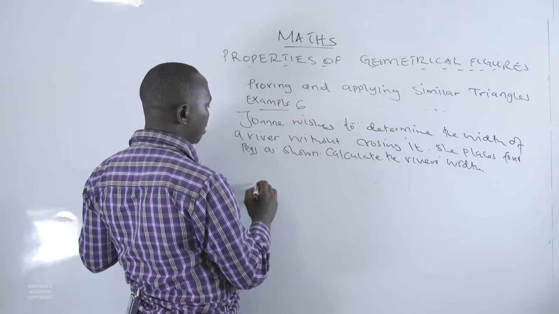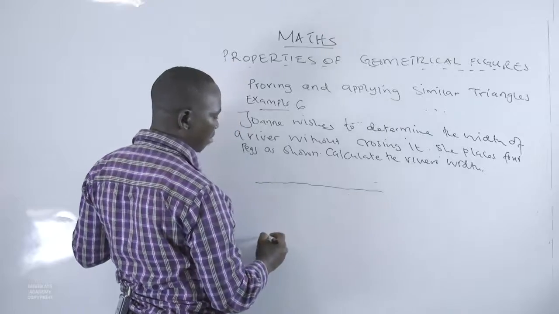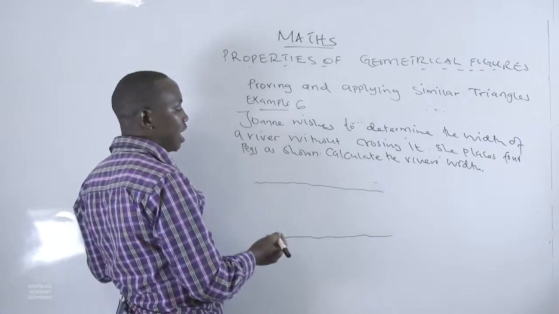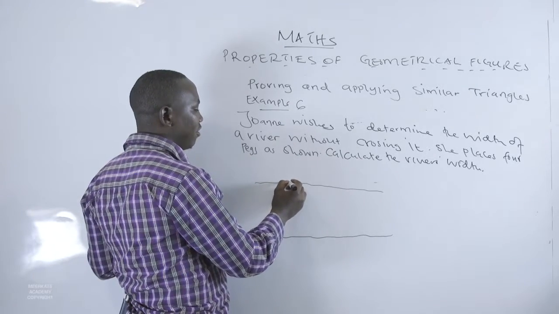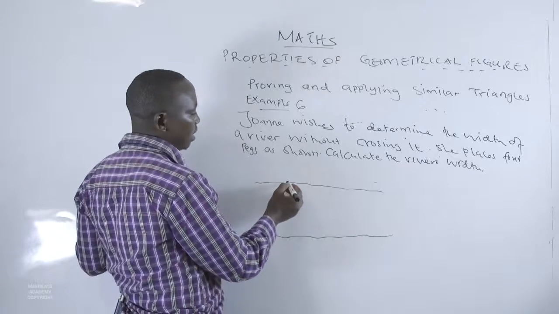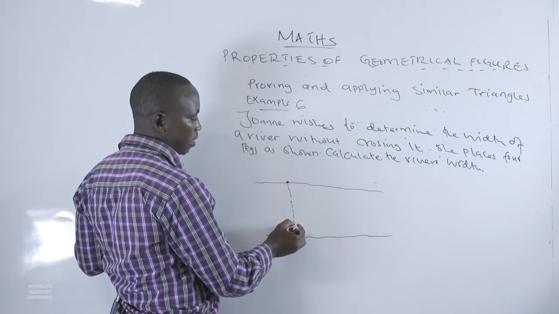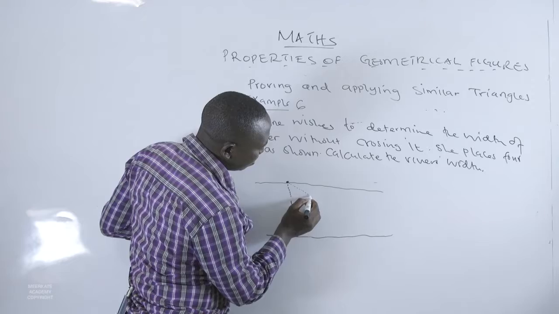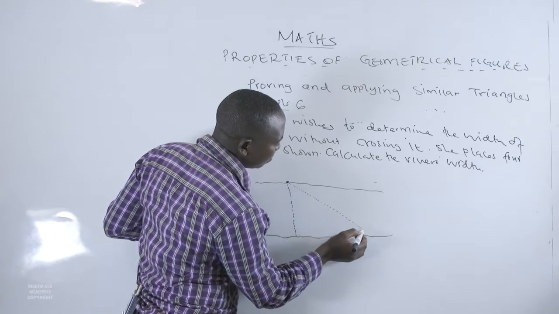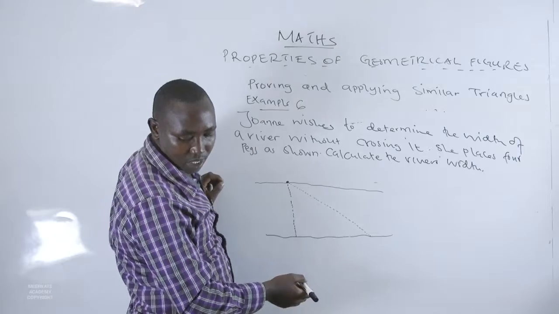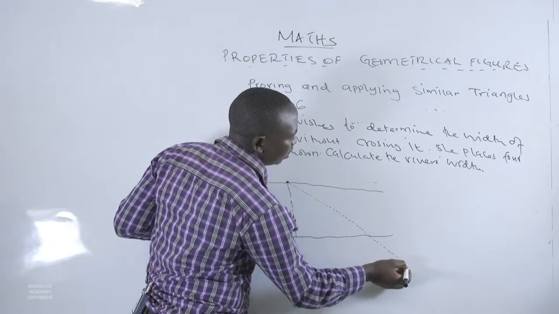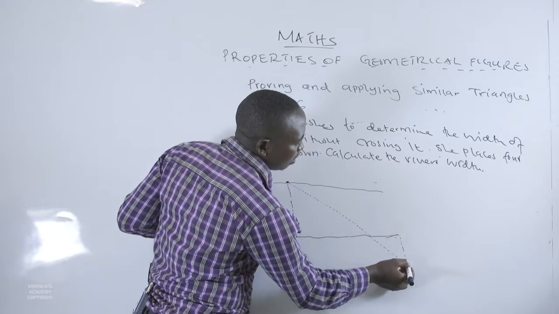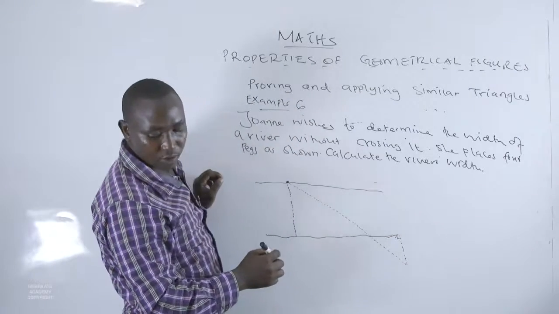So we are having some river. We don't know what the width is, but she wants to calculate it. So we have the first peg tied on a tree. We have an angle formed, and she extends so that we have another triangle outside.